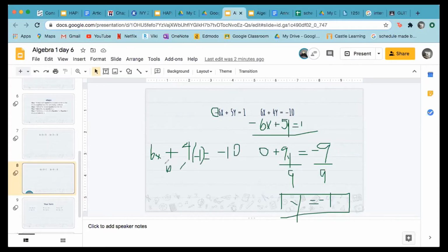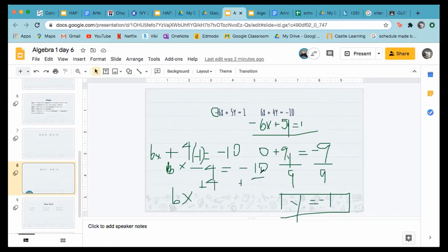So 6x minus 4, because positive 4 times negative 1 gives you negative 4. Bring down the negative 10. And then you have 6x. You want to make sure you isolate the 6x by itself. So you would add 4 on both sides in order to get rid of the negative 4.